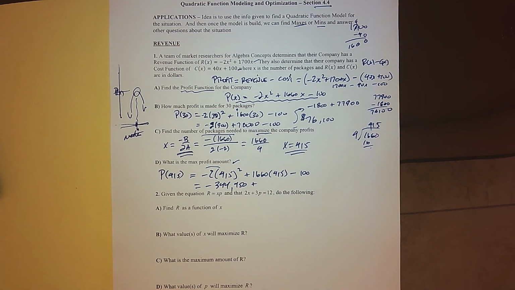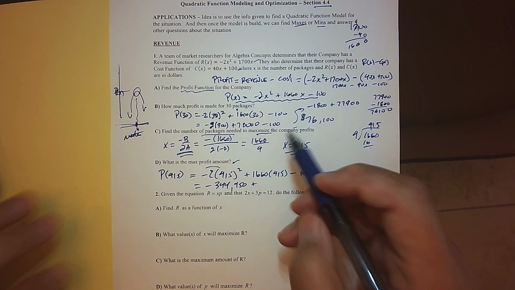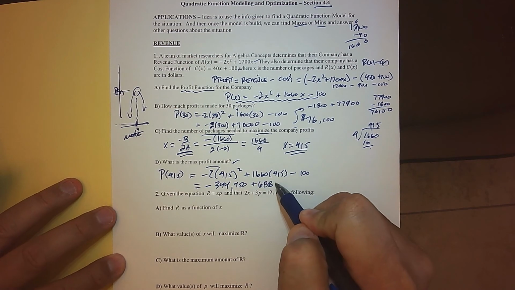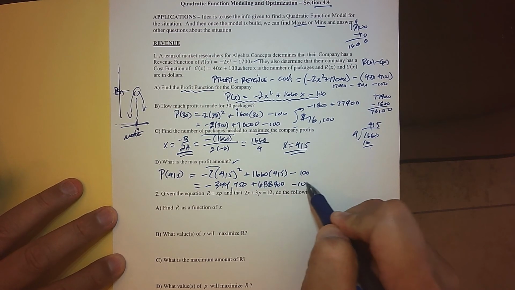If I now take 1660 and multiply it by 415, my calculator is giving me 688,900, and then minus 100.